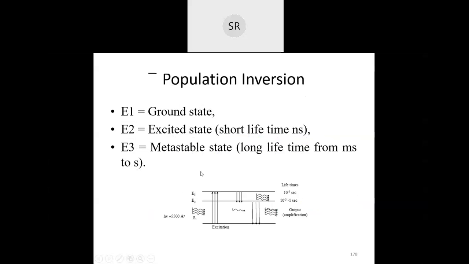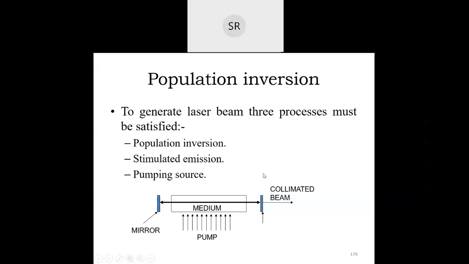So now this is about the process of a laser, and how the electron will be excited in the state. We say ground state E1, E2 excited state, and likewise we get the output as amplification. This process generates a beam. We use an external pumping source.